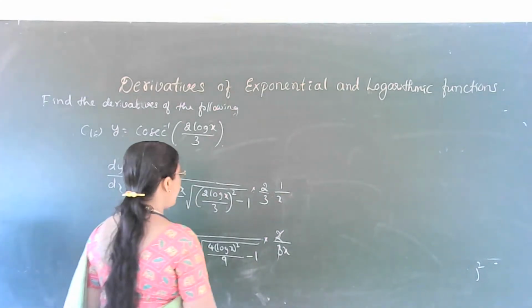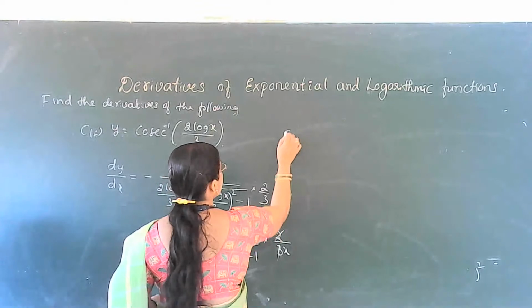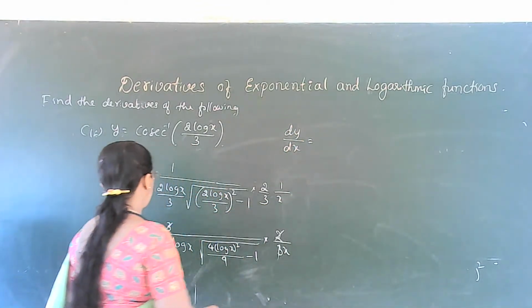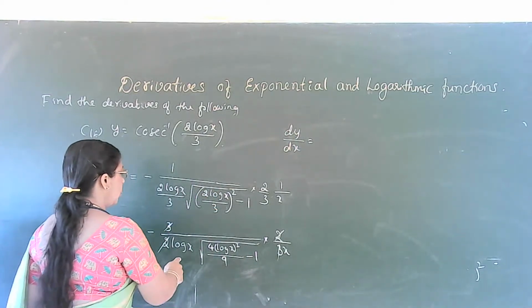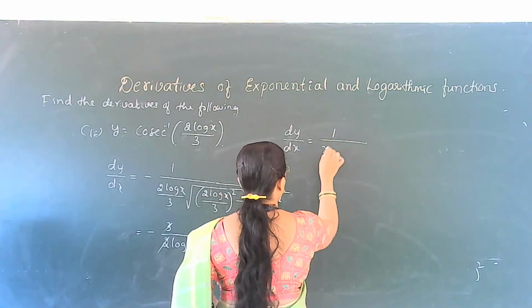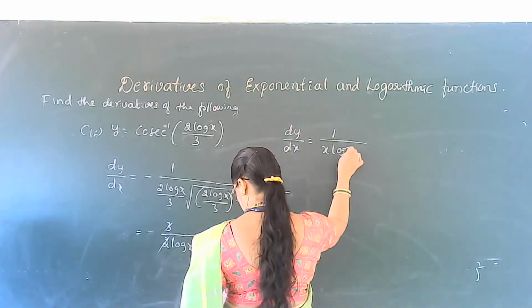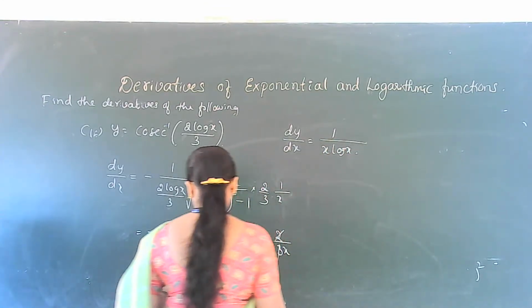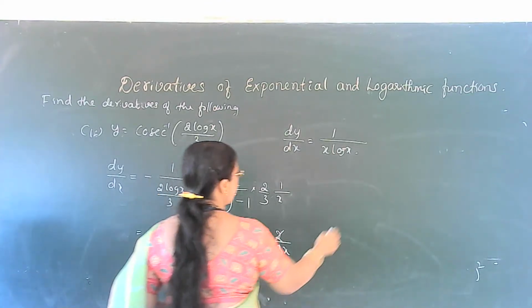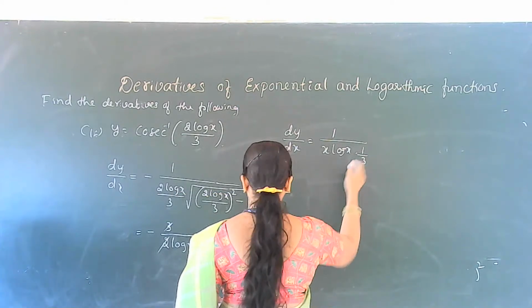Then simplifying this, dy by dx is equal to 1 by x log x, with 1 by 3 taken as common.